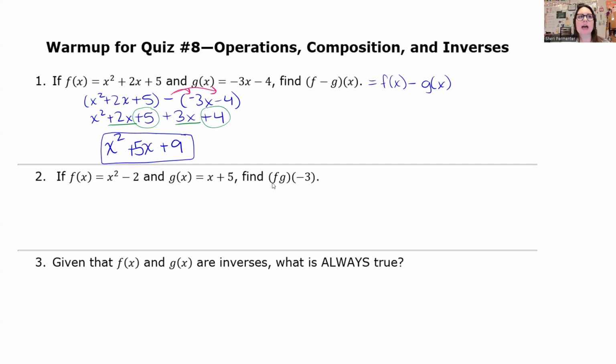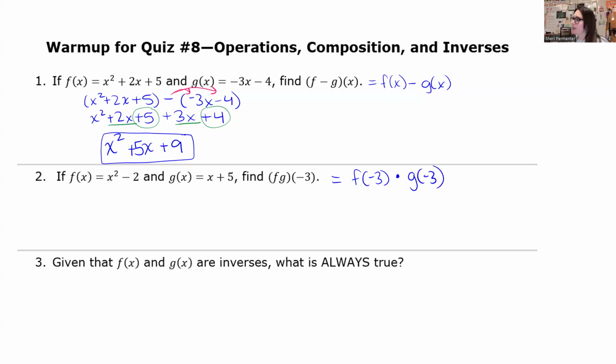Next, we have f times g. So this can be rewritten as f of x. Oh, and it's negative 3. Oops, let's erase that. So f of negative 3 times g of negative 3. So we're going to be plugging in negative 3 to x for both functions.